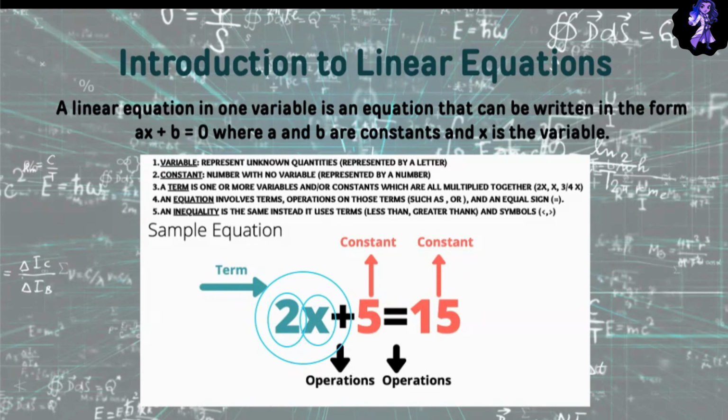So, for example, when we see the value of 2x, we see a number, 2, that is attached to a variable, x, and it is joined together by a multiplication or division sign. In this case, that is what allows it to be a term. Because you have at least one variable and you have one equal sign, that makes this an equation.